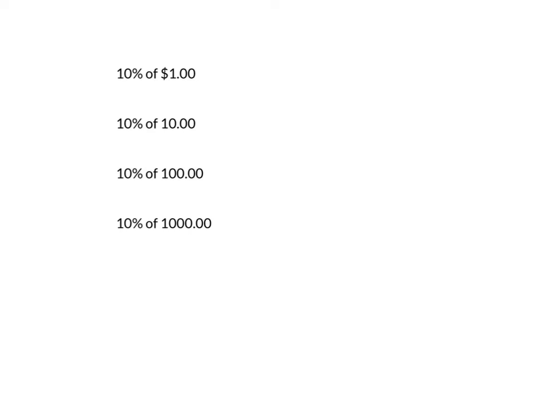We've got 10% of $1. Now, what does that mean? We know that 10% means per 100. So it's 10 per 100, or 10 hundredths, or 0.10, right?